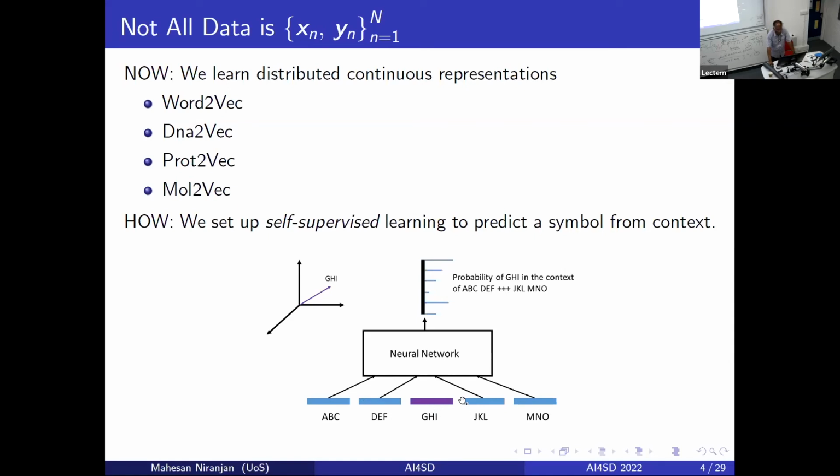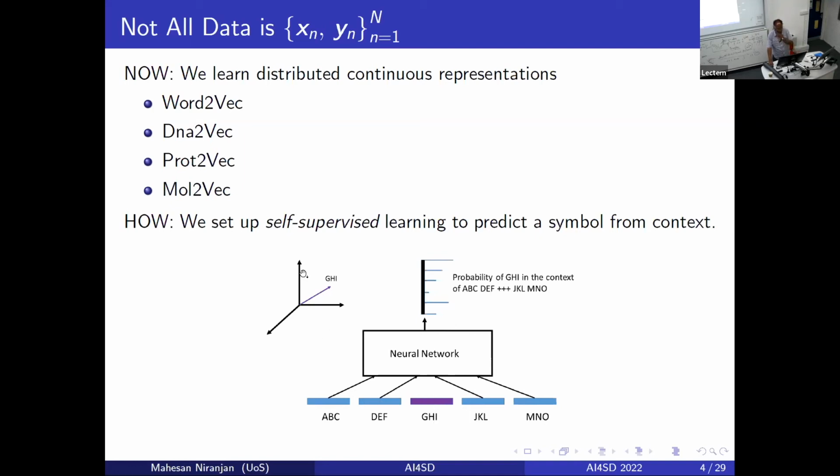So I'm going to throw in a very large neural network. And then I'm going to train, looking through lots of data, setting the context as input, so the light blue ones as input, and the one in the middle as the target. So what I would then end up with is a representation in the internal space of this, which will be 100 dimensions, that corresponds to what this GHI is going to be.